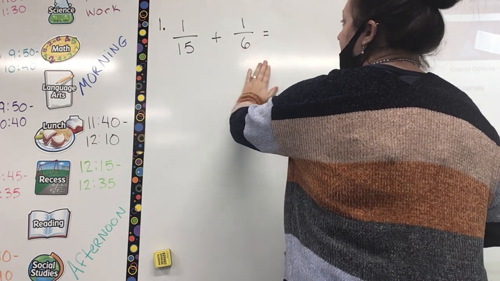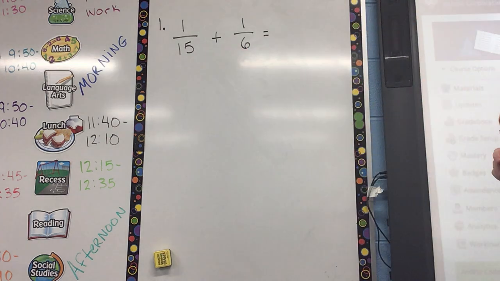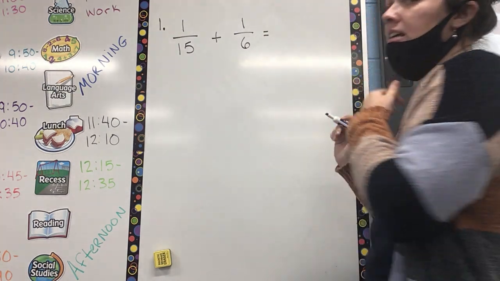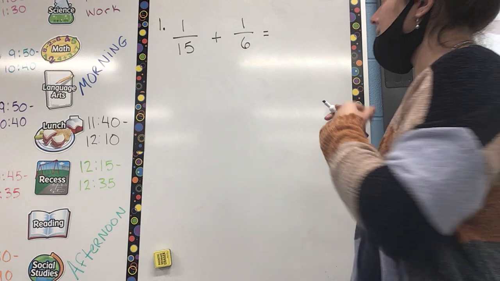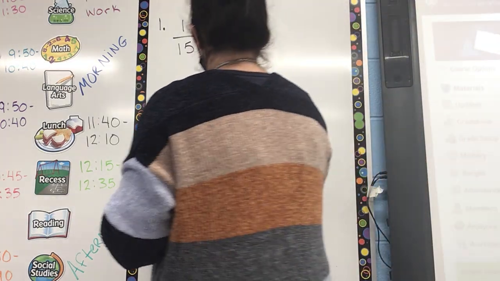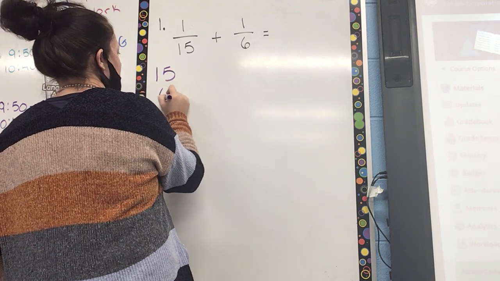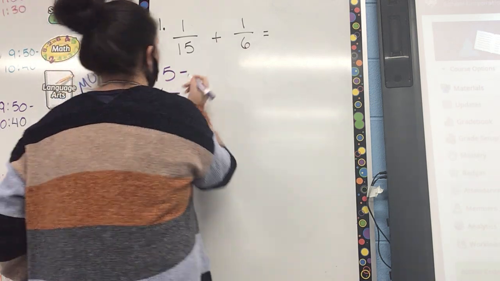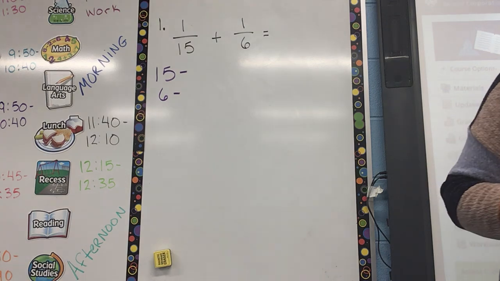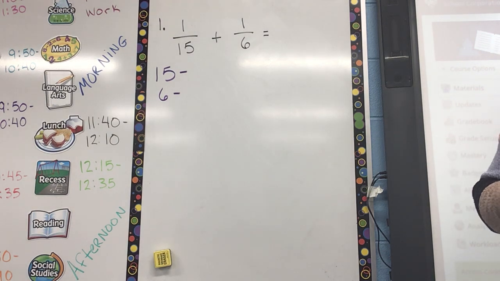No. So can I add these yet? No, I have to get them the same. Can I just erase my 6 and write in a 15? No. I need to find my what? Multiple factor. I have to go through my multiples, right? I have to find my least common denominator, so I have to list my multiples to do that.